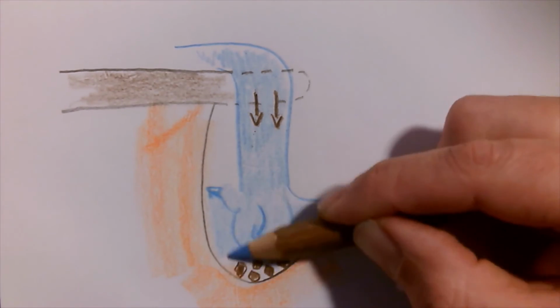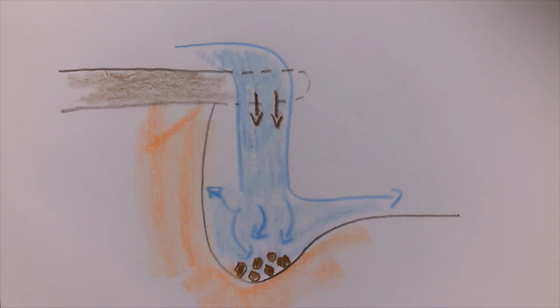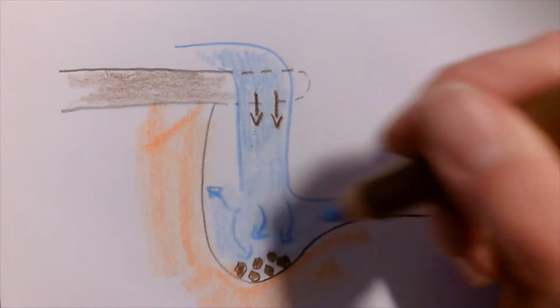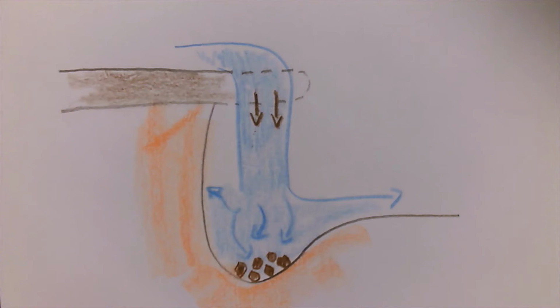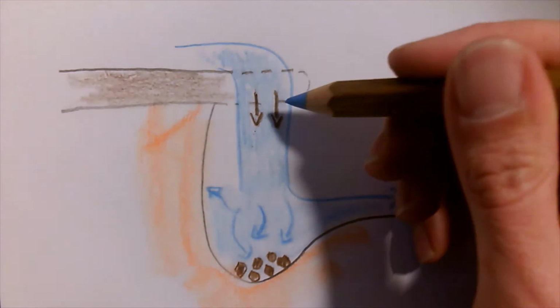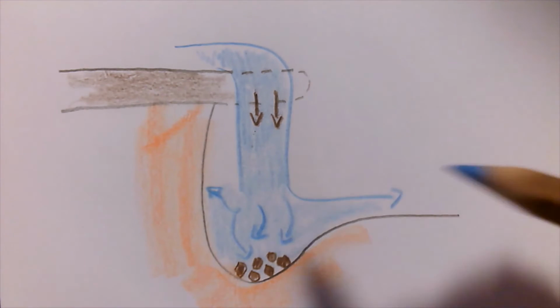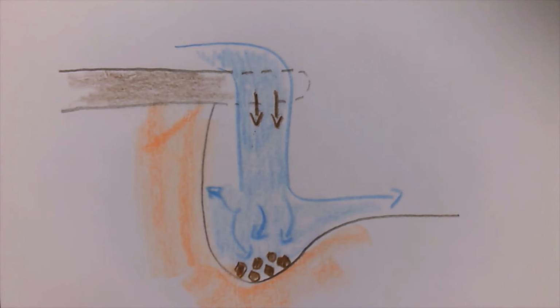Lovely. Yeah, exactly right. Well done. Because the waterfall is now higher, and so it has a greater distance to fall, which increases its energy. What does that energy, the power of that water now do? Hasina?